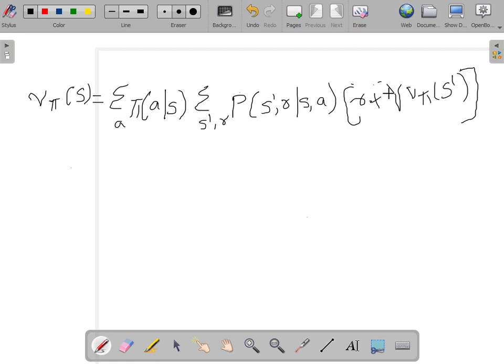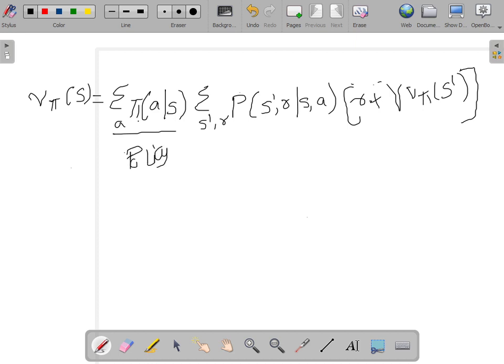Now it has been divided into three parts. The first part is the policy, because pi indicates policy, so this is the policy for the given state s.